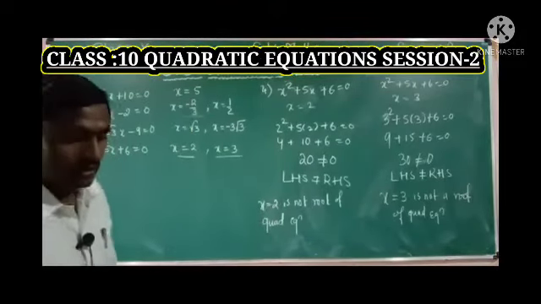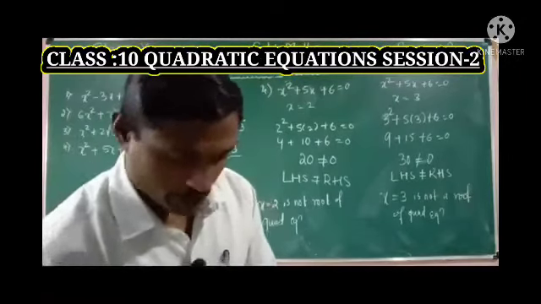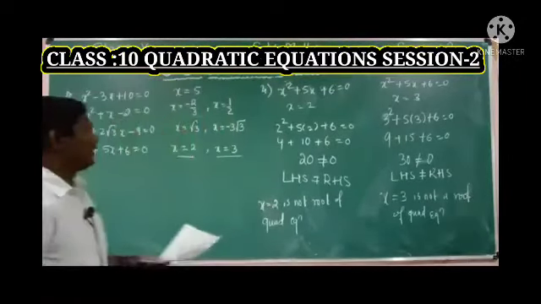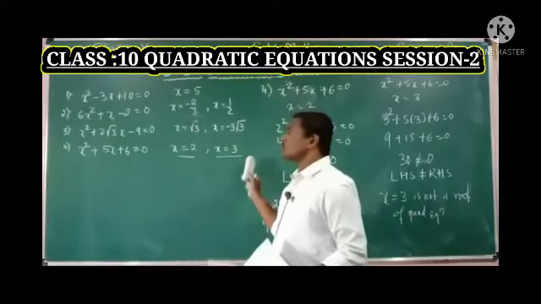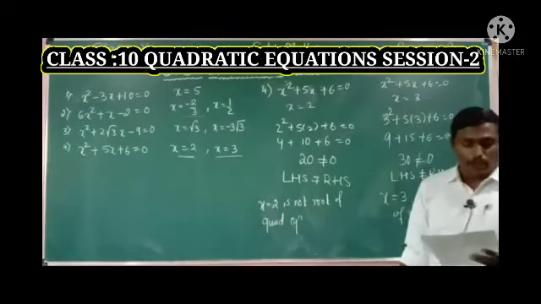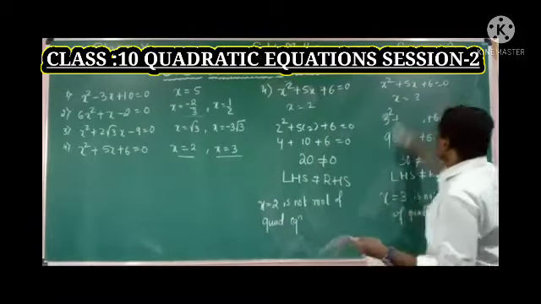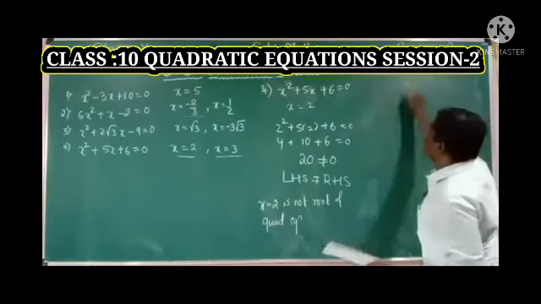These are some questions in which we just verify whether the given roots are satisfying the quadratic equation or not. Okay. Next, see the third type of questions. These are all some basic questions only.